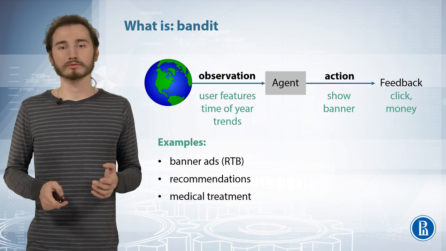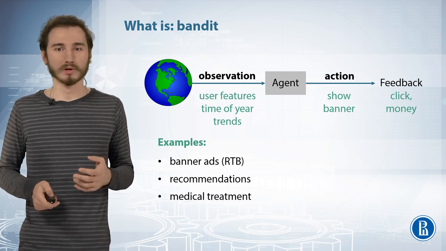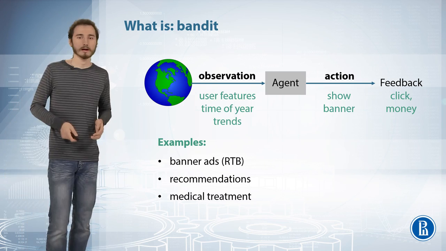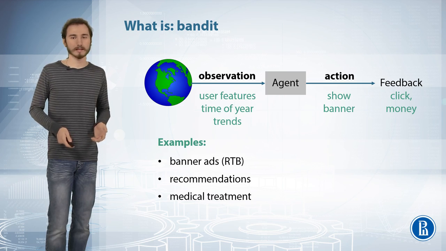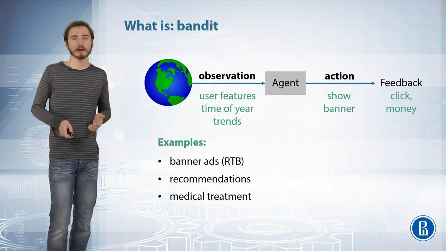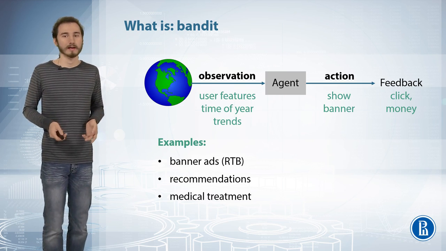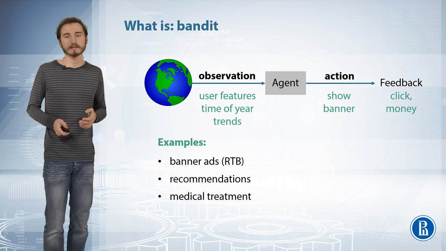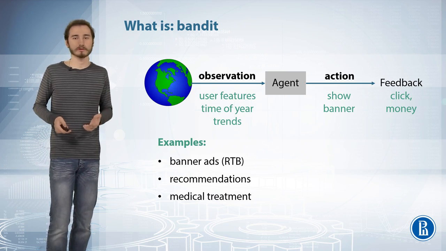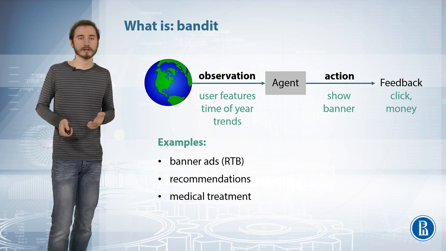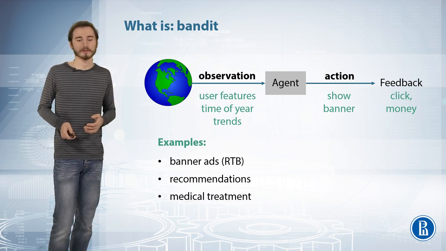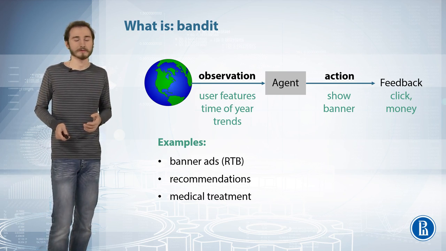And you also want to include any other information, like maybe his social network account if you have access to one. For actions, you now have books, and each action basically corresponds to trying to recommend a particular book to your customer whenever he visits your site. And obviously, your feedback is whether a user liked this book, or maybe how much revenue you got from it, depending on your greed for money.